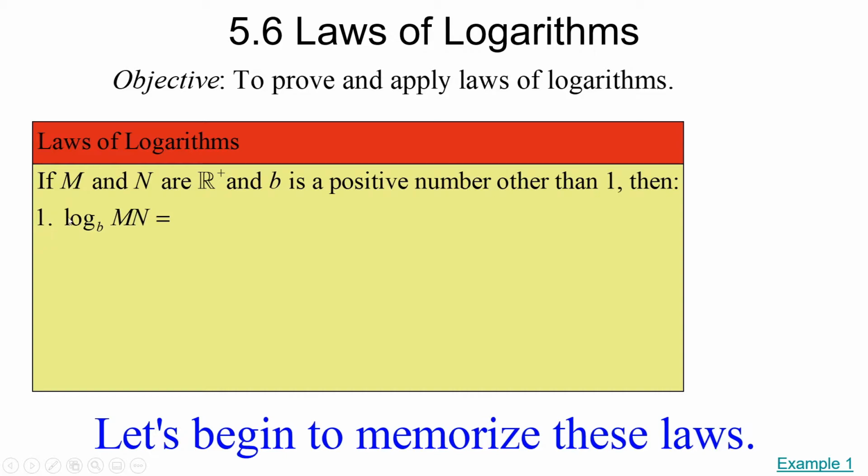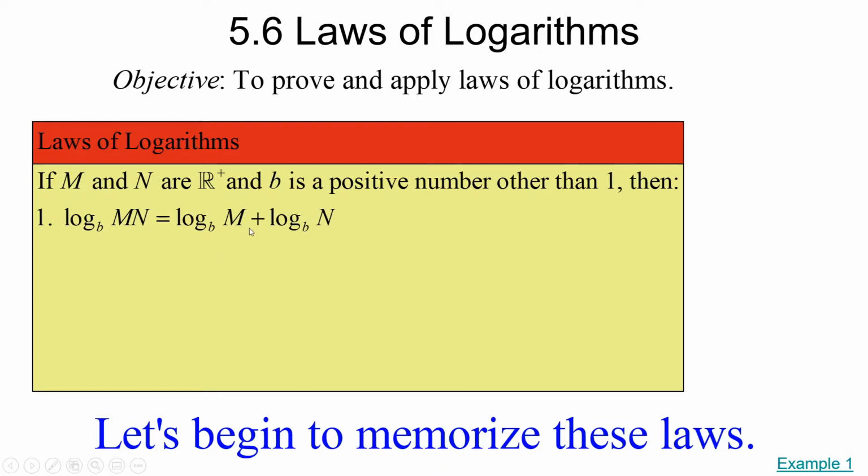Number 1, the log base b of m times n. Now, whenever I see a log of any base of the product of two terms right here, I should say a product, I know I can write this one log base b as the sum of two of them.